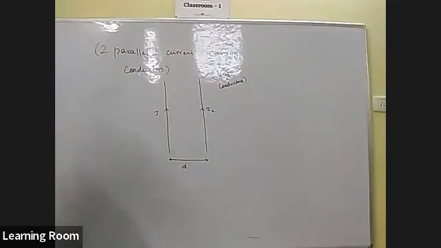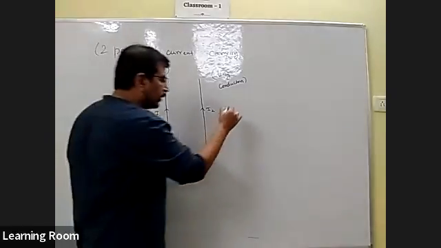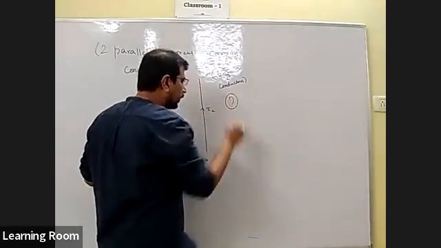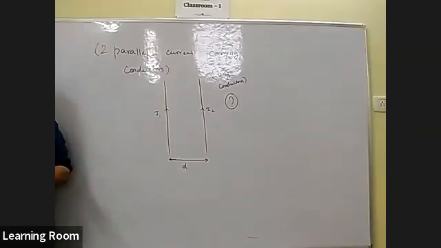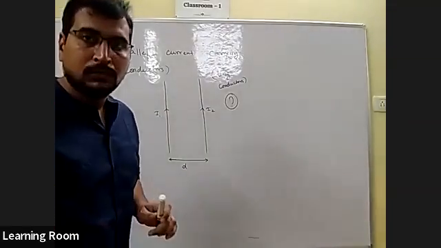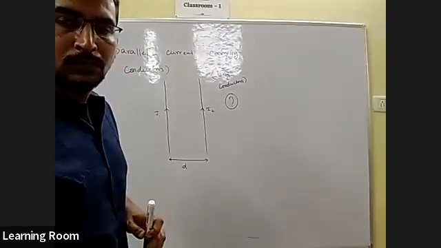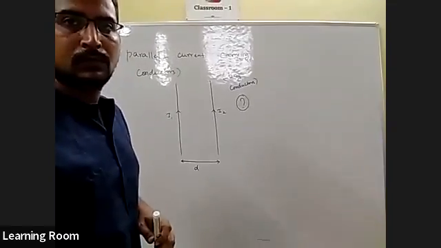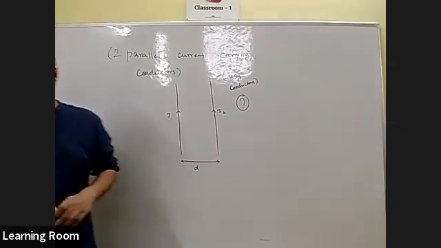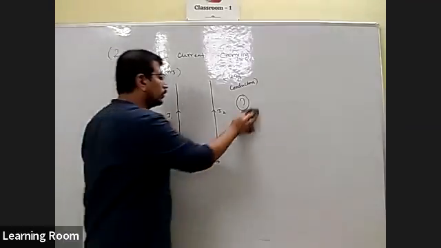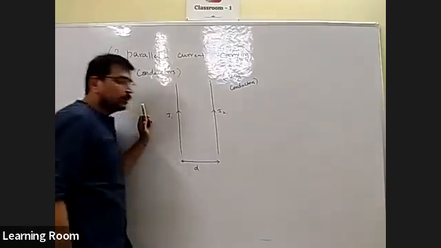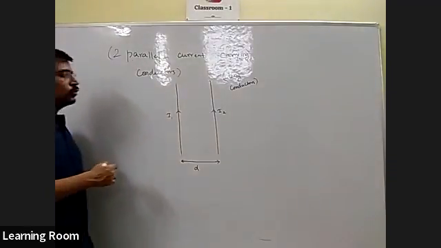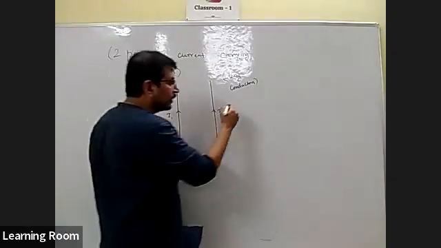Now, what do you think will happen if this kind of scenario occurs? Any guess? One thing we are clear about: if you observe this whole chapter, there are two points.